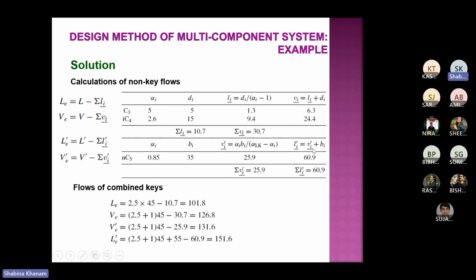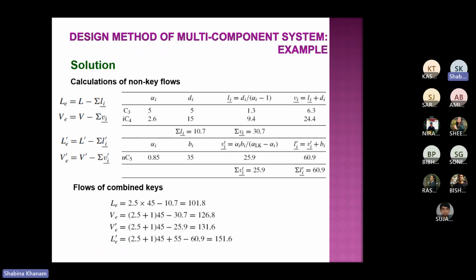Here, in the rectifying section, V e is V plus B. So this is V, which is already available over here. B is the bottom. So based on that you can find out L e, V e and L e prime, V e prime.